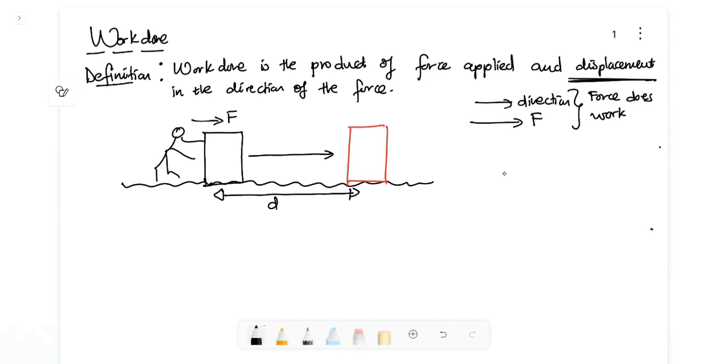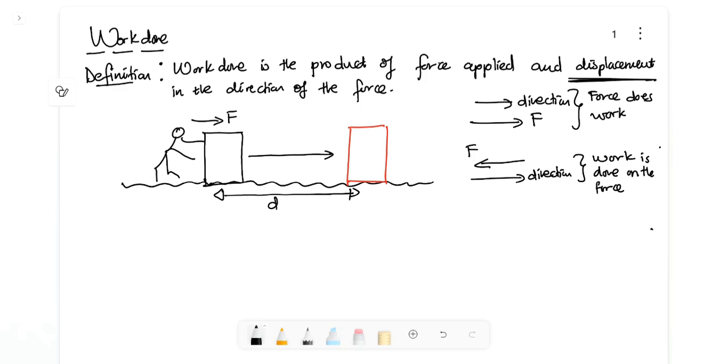We have situations where the force may be in this direction, and then it happens that the direction of motion is in this line. Then what it means in this case is that work is done on the force. So we must be careful when it comes to issues like this.